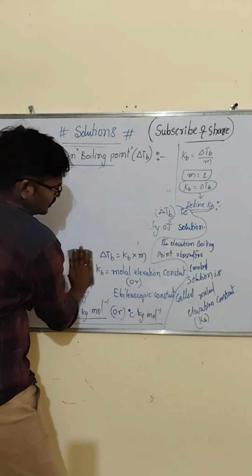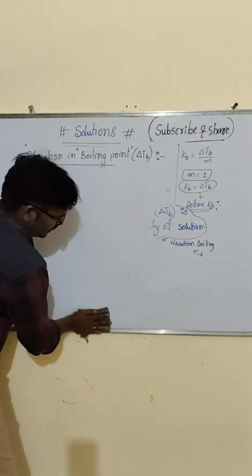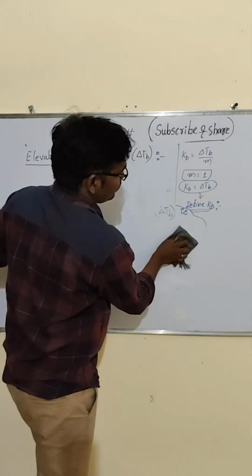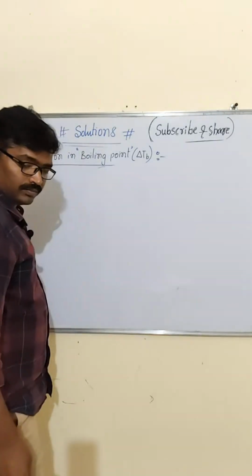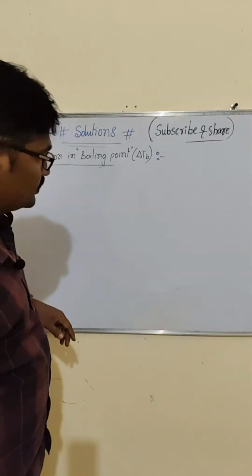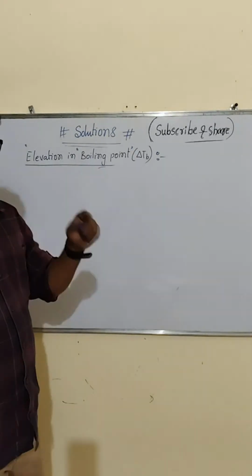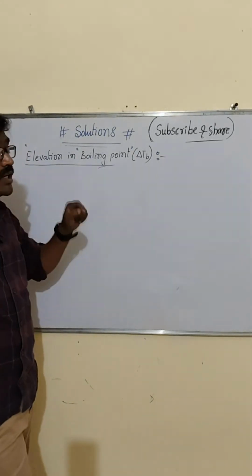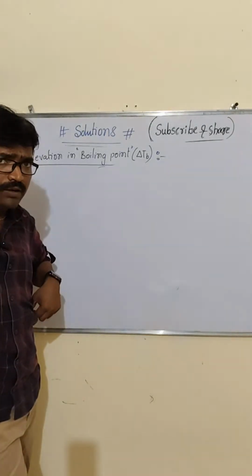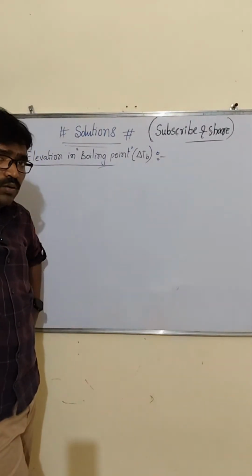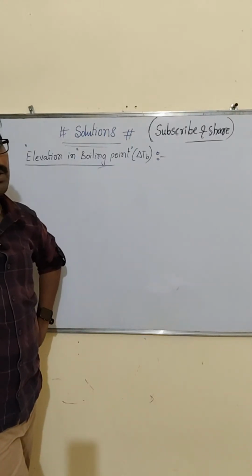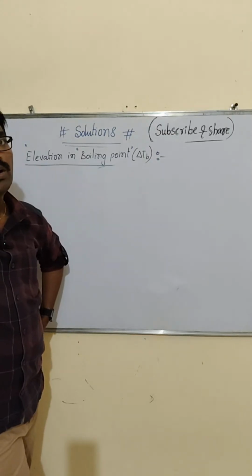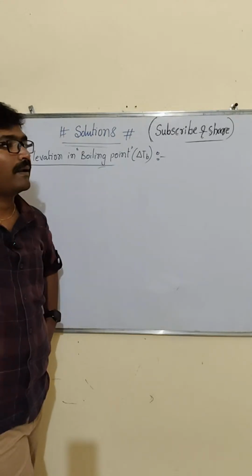My dear students, how is the elevation in the boiling point derived? Elevation in the boiling point is directly proportional to molality, as we have discussed. Not only that, it is also directly proportional to the lowering of vapor pressure.